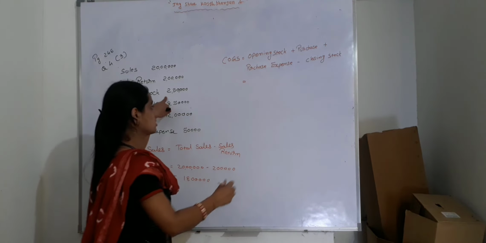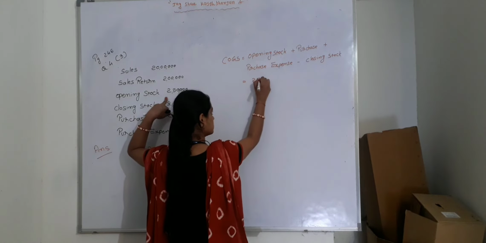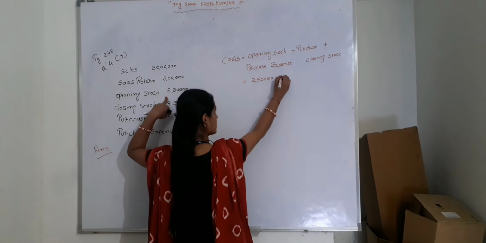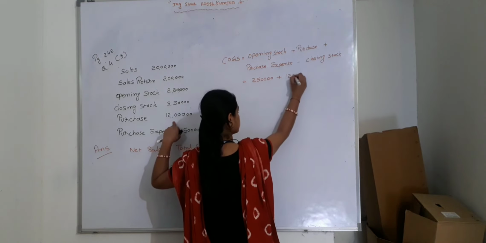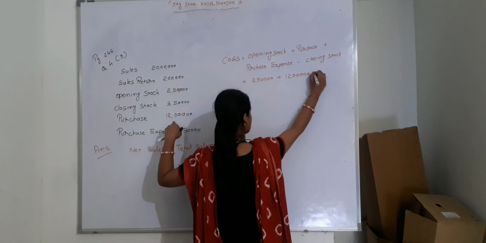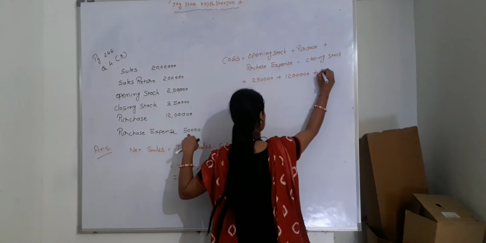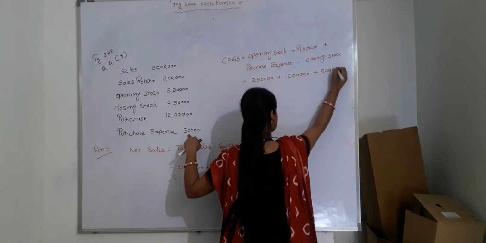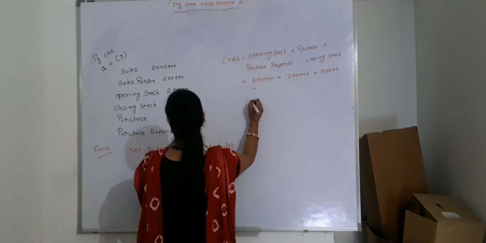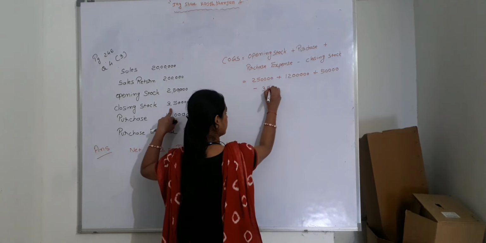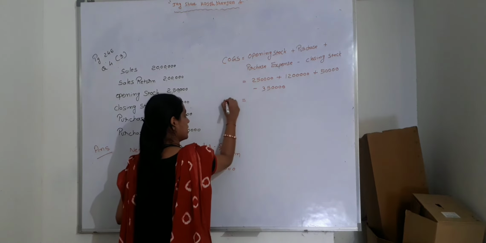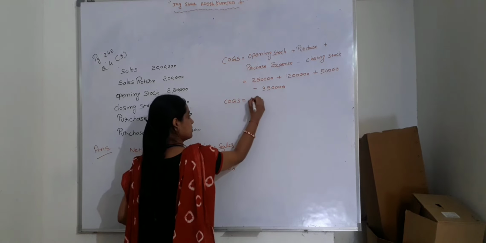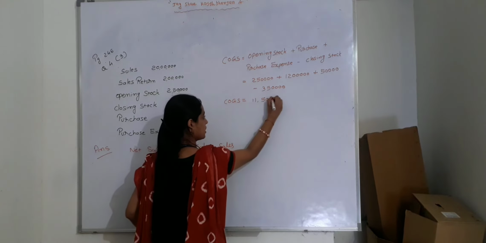Opening stock is 2,50,000, purchase 12 lakh, purchase expense 50,000 minus closing stock 3,50,000. So our COGS is 11,50,000.